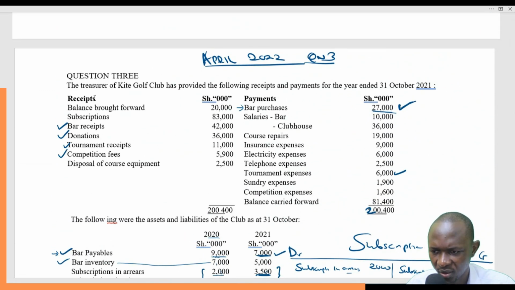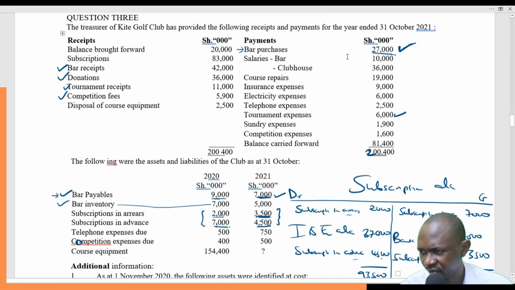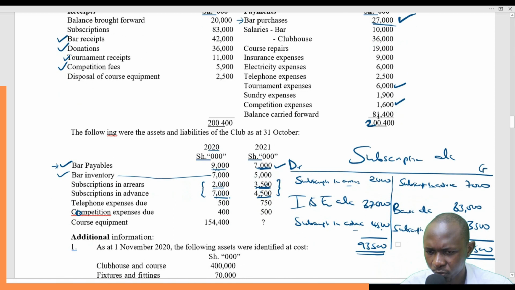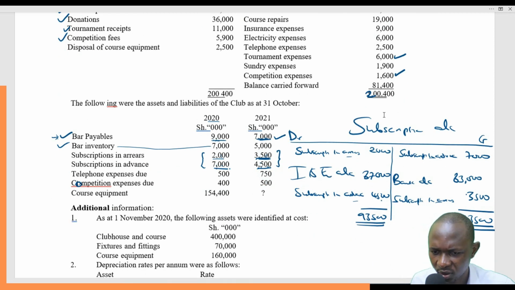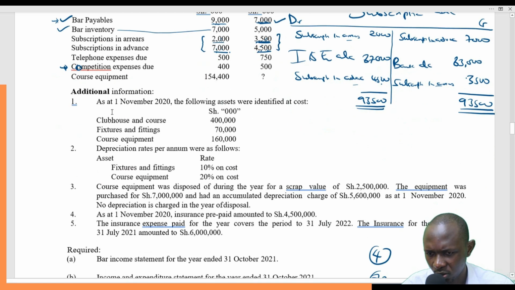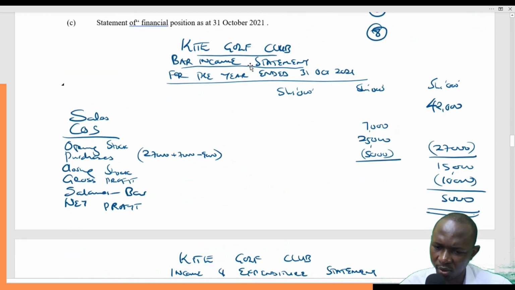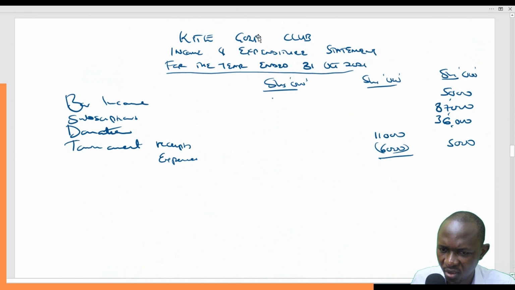Competition fees 5,900. There are competition expenses here. Check. Okay, so competition expenses.